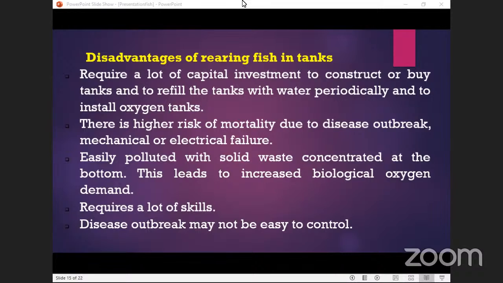There is a higher risk of mortality due to disease outbreak, mechanical or electrical failure. Easily polluted with solid waste concentrated at the bottom. This leads to increased biological oxygen demand. Requires a lot of skills. Disease outbreak may not be easy to control.